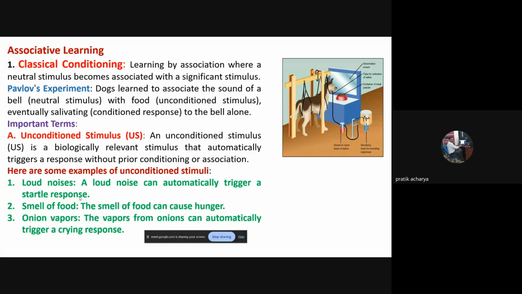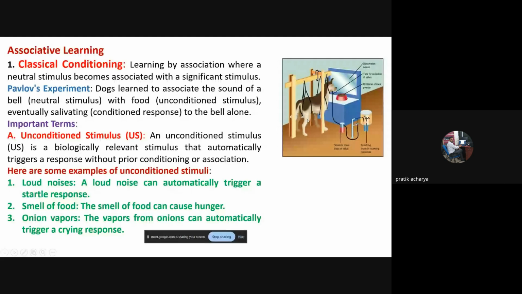Smell of food. For certain foods, we develop hunger. When the food is near to us, or we are very close to its smell, our hunger starts, or that causes hunger in our body.